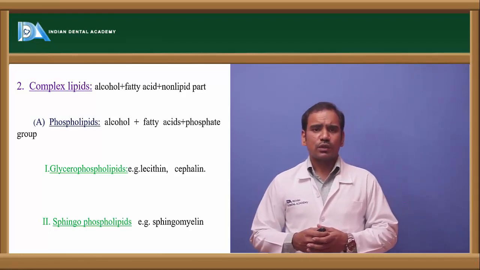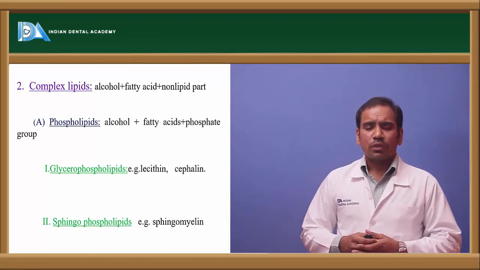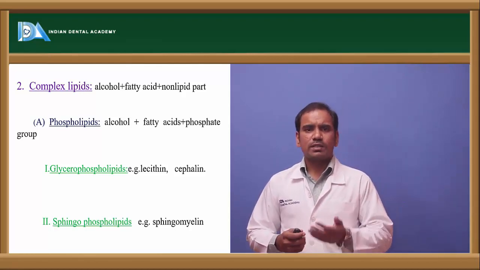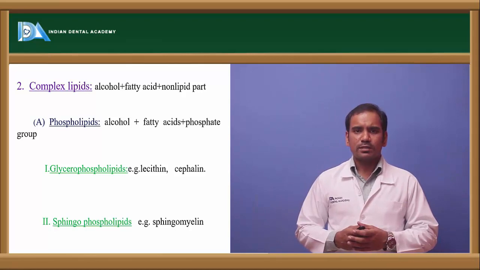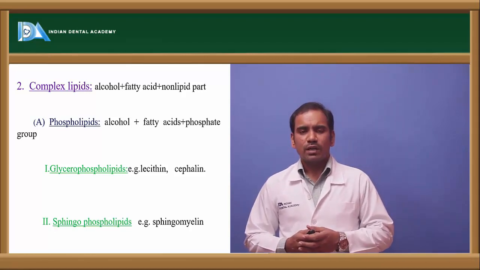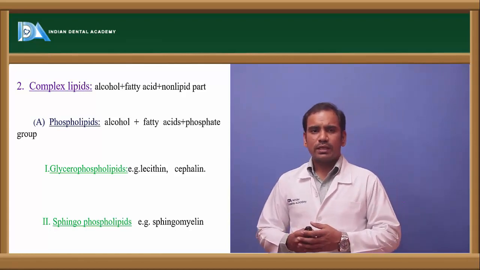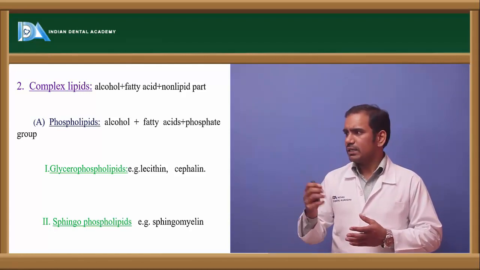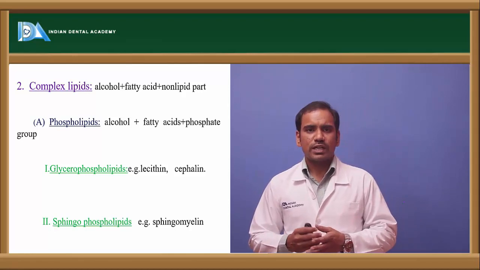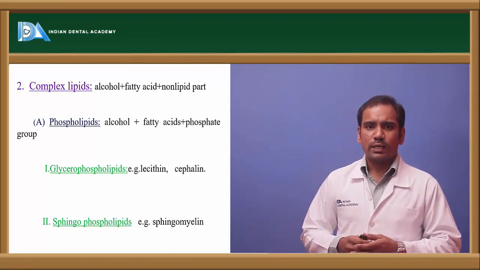Among them, phospholipids are very important. So what are phospholipids? Phospholipids are a type of compound lipids, and coming to their composition, they have alcohol plus fatty acid and a non-lipid part. In case of phospholipids, the non-lipid part is a phosphate group. So that's why they are called phospholipids.